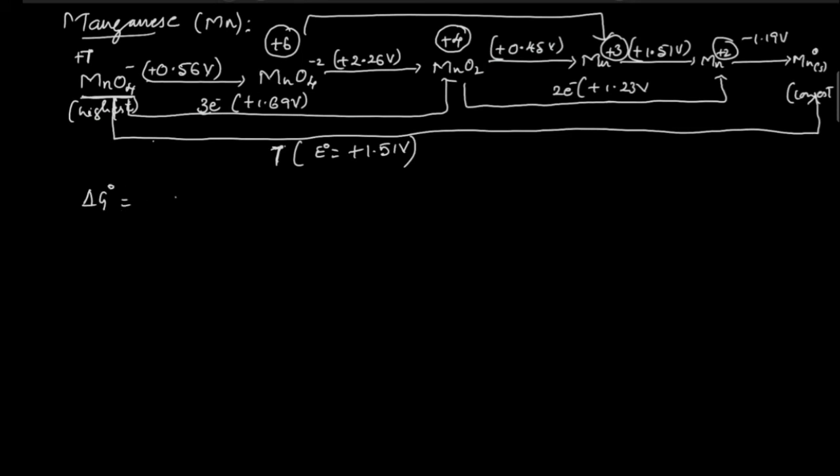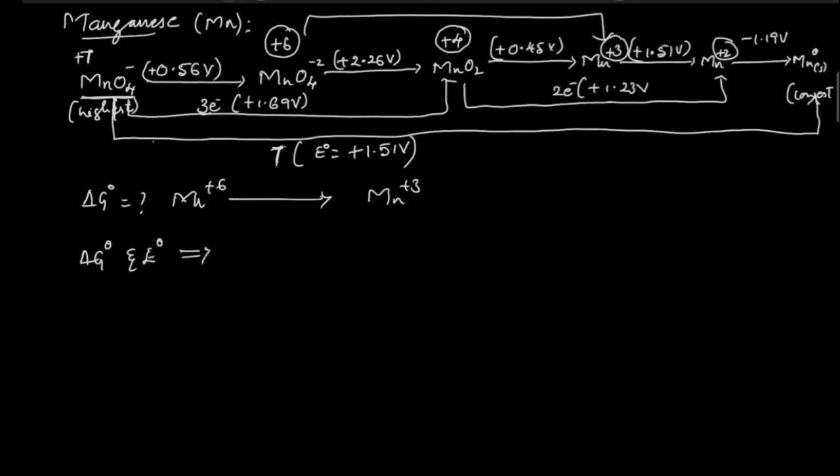Calculate the delta G naught value for the conversion of Mn in the 6 oxidation state to Mn plus 3 oxidation state. Okay. Similarly, you can calculate the delta G naught and E naught values for many non-adjacent species, like the conversion of Mn plus 3 to Mn 0 oxidation state. In this case, 3 electrons are involved, n is equal to 3.